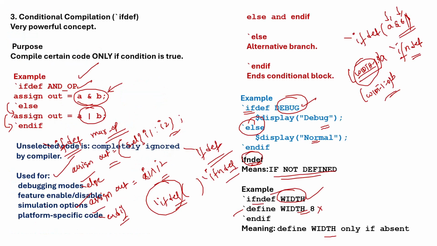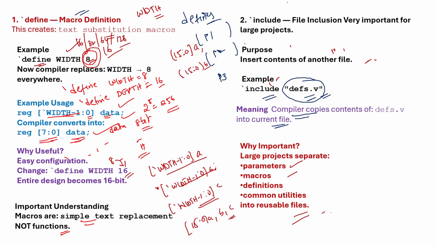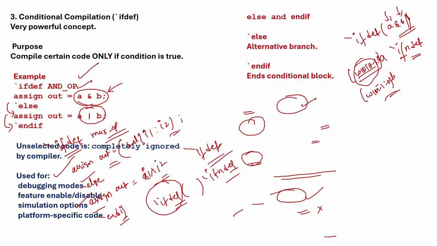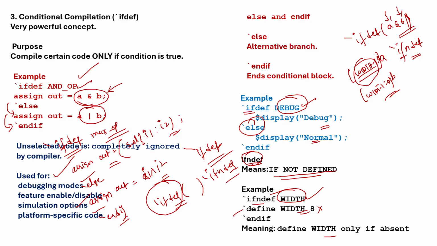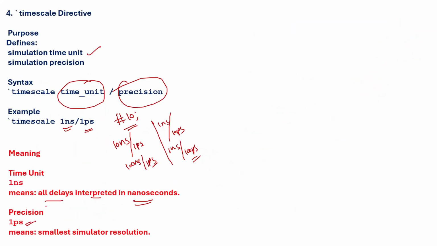For these compiler directives, `define, `ifndef and all these macros, just go through them and you will get an idea. Once we write some code where you utilize these macros or compiler directives, you will clearly know each and everything.